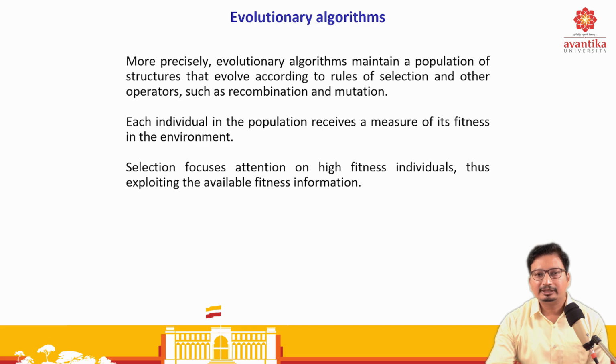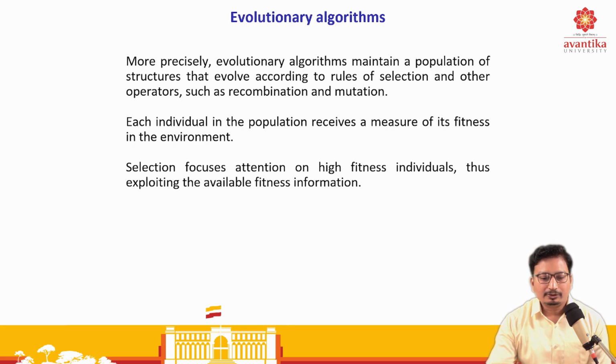This population consists of the solutions we are searching for, but we are searching for the optimal solution. The method of selecting that optimal solution is based on the evolutionary algorithm we are using. If we are using the genetic algorithm, then there are certain steps, as we have seen, the mutation and the crossover, which select the best individual or the best solution among the population using the fitness value of that particular individual.